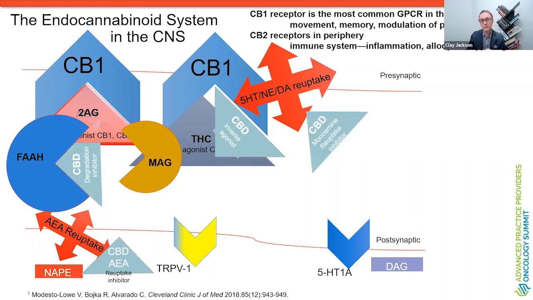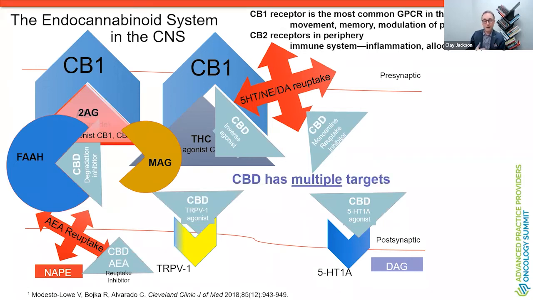TRPV1 is a vanilloid receptor that is basically involved with pain control. You see at the rightward portion of the slide at the bottom, there's direct 5-HT1A agonism, and this is involved in anxiolysis. This is basically the way that buspirone works as a pharmacologic agent. CBD is a 5-HT1A agonist. It makes it a decent anxiolytic. And then also it has some allostatic control with pain.